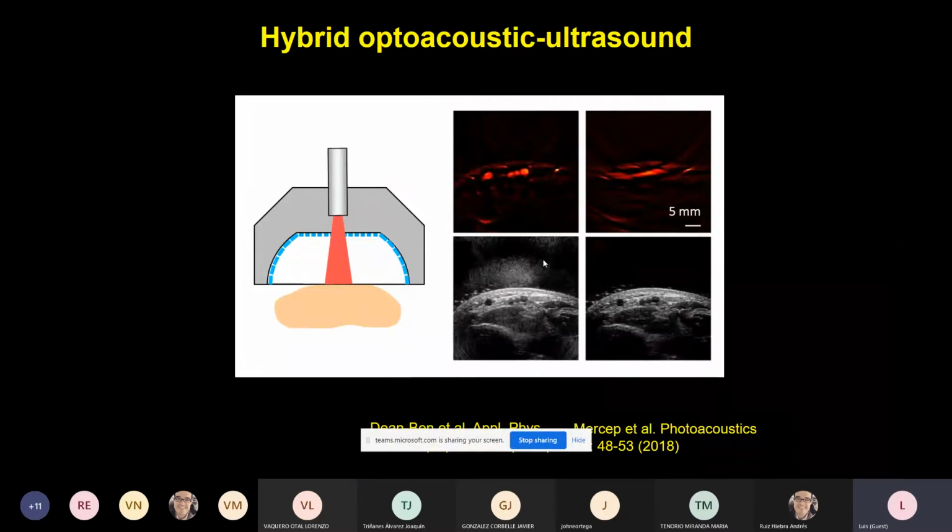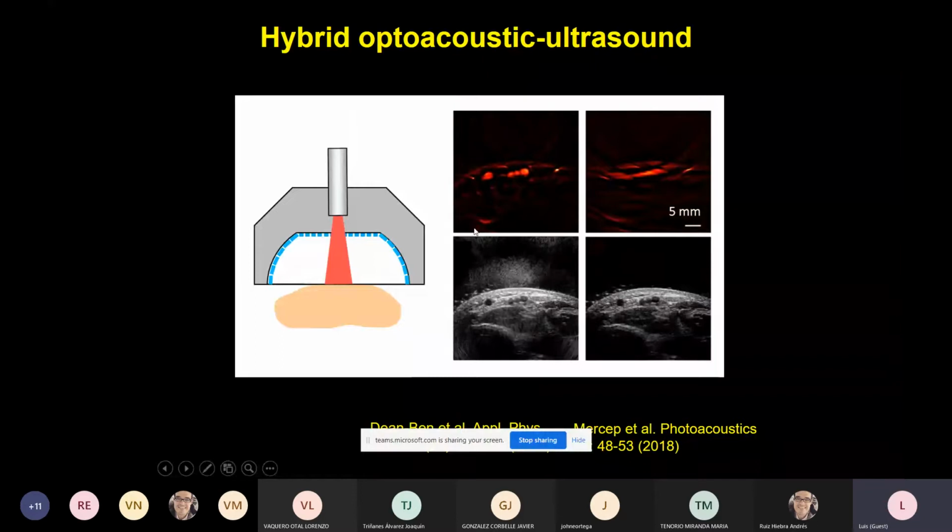Doctors use it regularly, and they know how to interpret the image. Optoacoustics is a new imaging modality, so if you talk to a physician, generally they don't know what to expect of the images. But combining it with ultrasound is probably the way to go if we want to implement this technique in the clinics at some point.